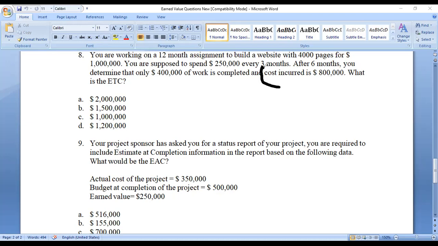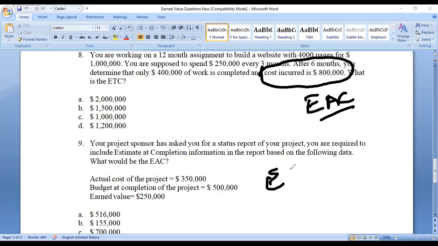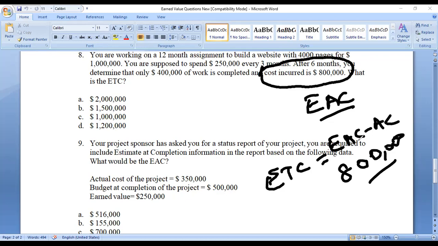The cost incurred is 800,000. So what do we have to find out? We have to find out the EAC, because we need to know our ETC. ETC has the formula EAC minus actual cost. We found our actual cost is 800,000, so we need to find the EAC.